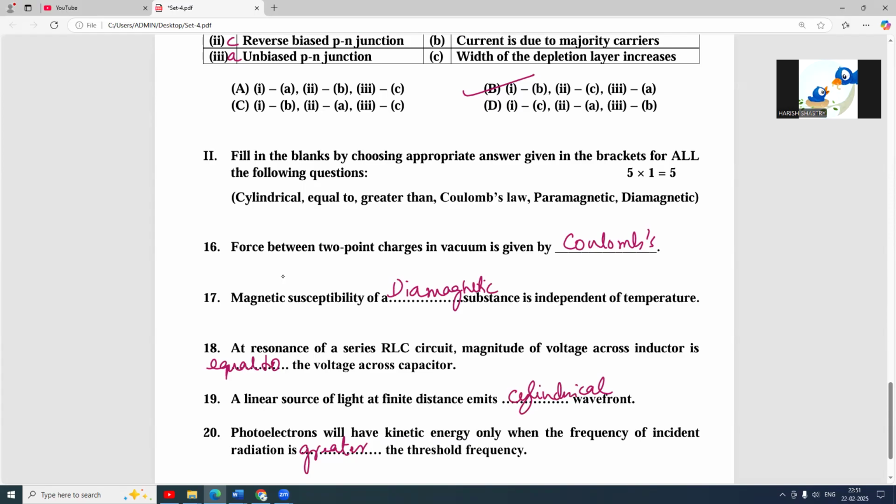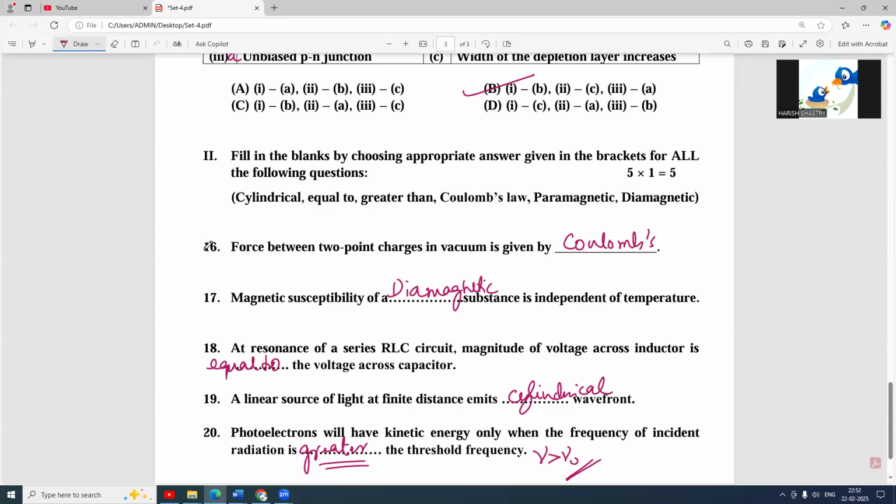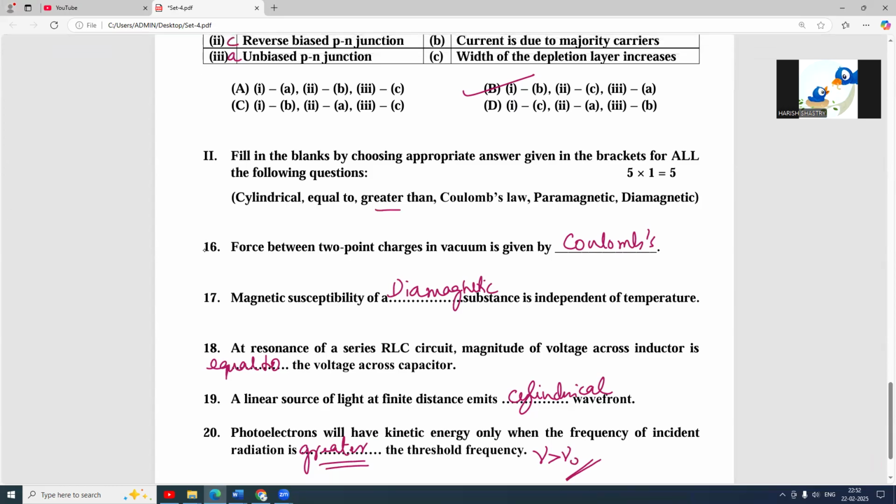When the frequency is greater than the threshold frequency, the electrons start moving, so it is greater. Coulomb's law, diamagnetic, cylindrical, equal to finished. Yes. Thank you.